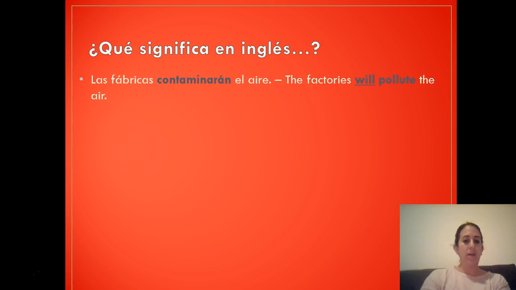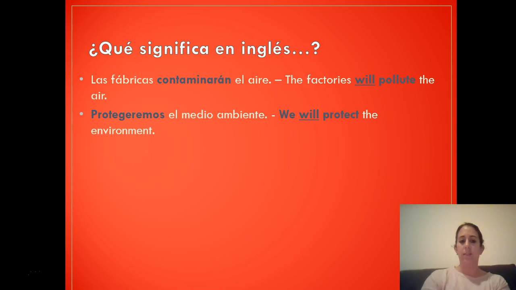So las fábricas contaminarán el aire. So the factories will pollute the air. So contaminarán means will pollute. And notice, since I'm talking about las fábricas, I conjugated it in the ellos conjugation. Protegeremos el medio ambiente.